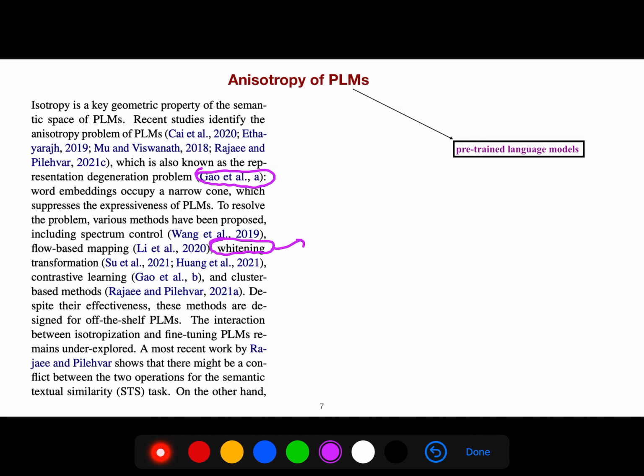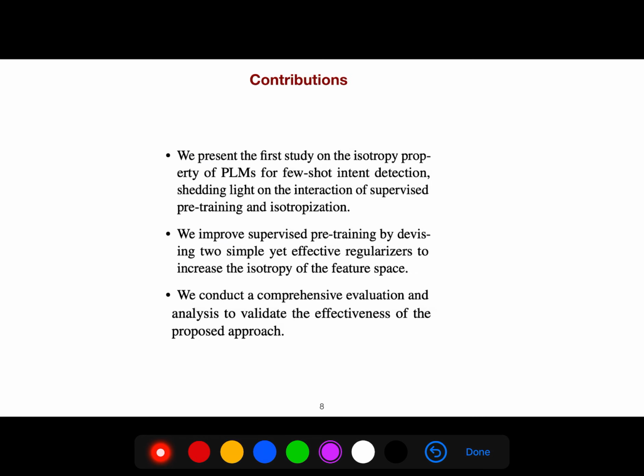Of course, some people use clustering methods, like in 2021. Despite their effectiveness, these methods are designed for off-the-shelf pre-trained language models. The interaction between isotropization and fine-tuning remains underexplored. There are 3 contributions.